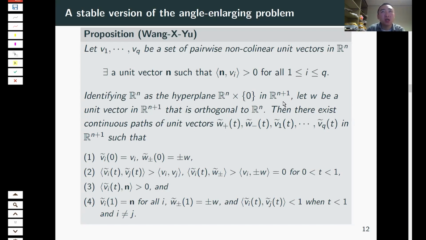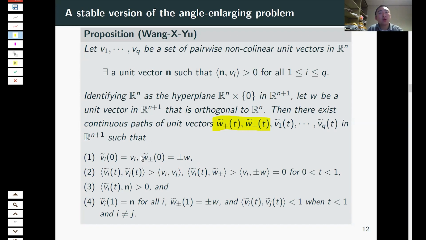And we add one dimension, work on R^(n+1). And W is a unit vector in the extra dimension. And now we want to deform the Q plus 2 vectors. Okay, we have the original vectors V1 to VQ, with two extra vectors, W plus and W minus, where W plus and W minus are originally plus and minus W.